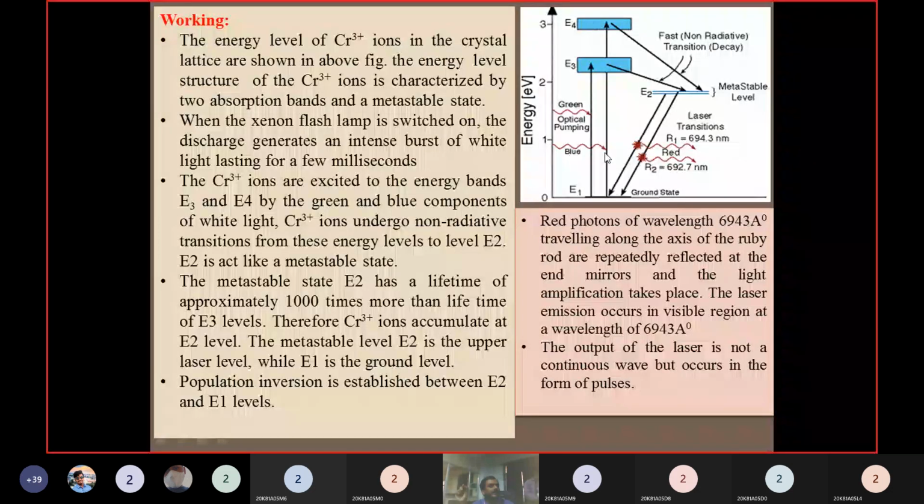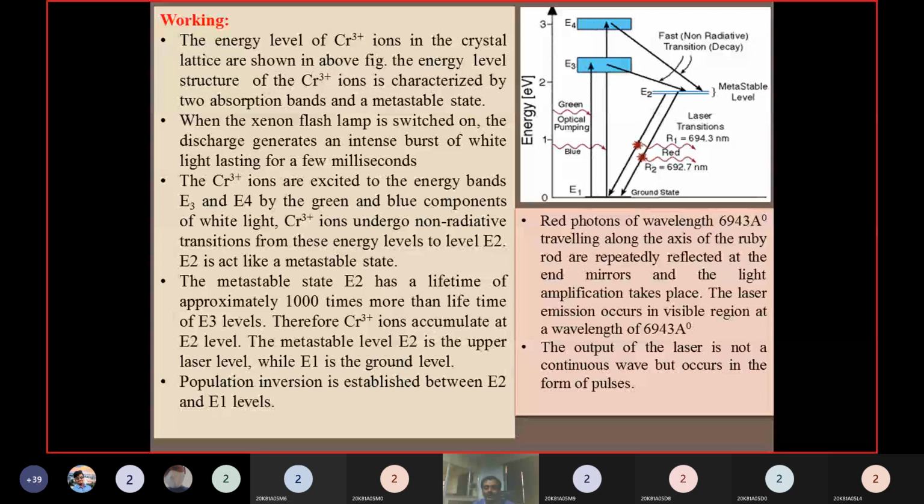So h into that value gives the energy of the blue. h is Planck's constant, multiplied by the frequency of that color. That will give the energy. Only that energy will be absorbed. Remaining energy is not useful.